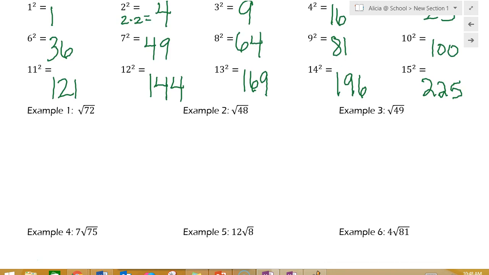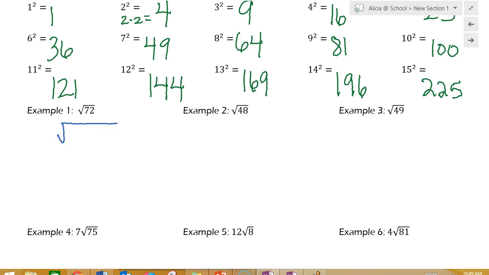So looking at our first example, example 1 says the square root of 72. Now I want to simplify this as much as I can to see if I can find some type of perfect square, so that I can take the square root of that perfect square and simplify my overall answer. So looking at 72, the first thing is, what are some factors of 72?